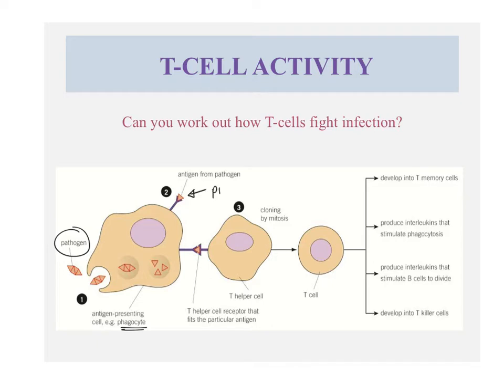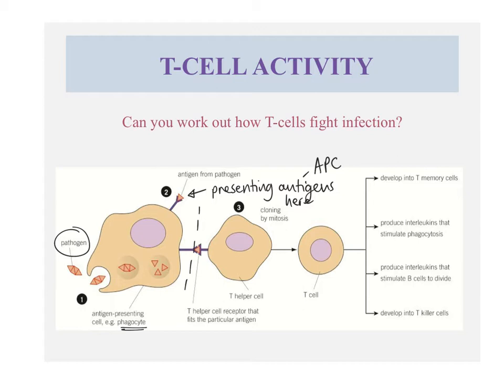We're presenting antigens here. So we're an APC at the moment, antigen-presenting cell. And see if you can figure out what happens from where I've got my dashed line onwards to make those T cells work.